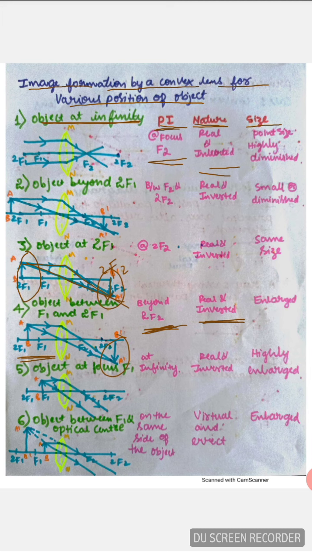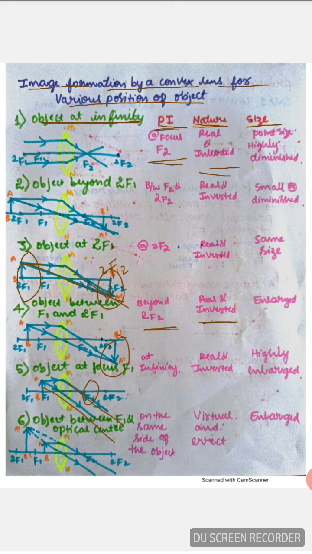So next we will place the object at f1, exactly at focus 1. When we place the object at focus 1, one ray will pass through focus 2, and one more ray is passing through the optical center. Since these two rays are parallel, we will imagine that the rays will meet at infinity.